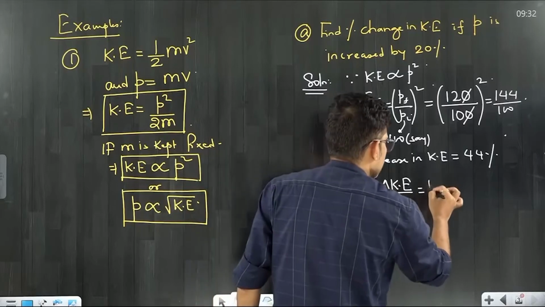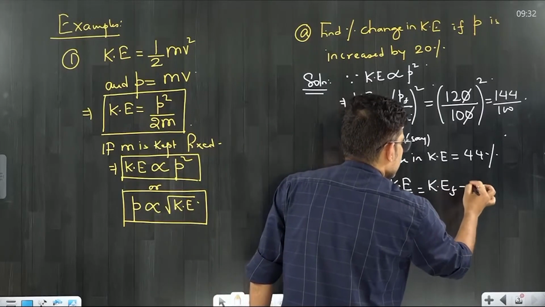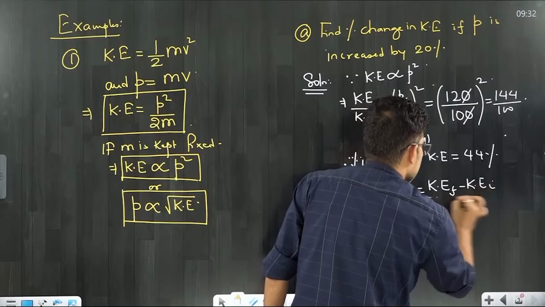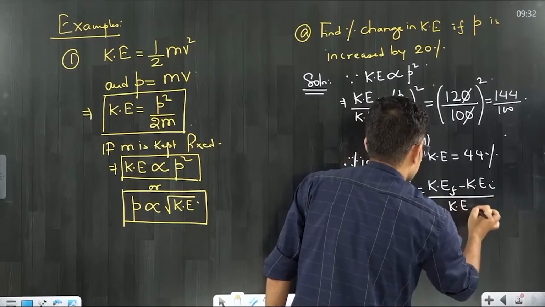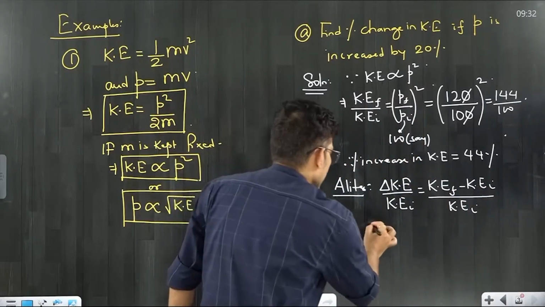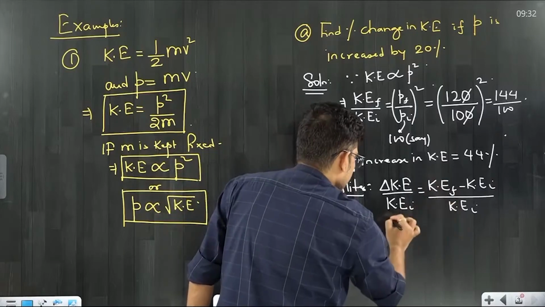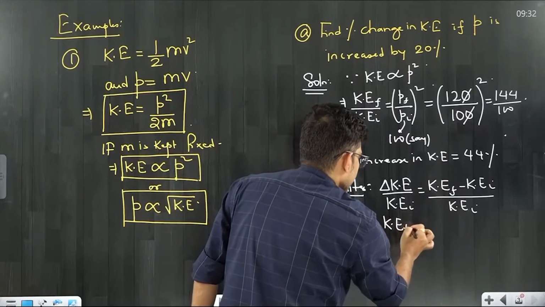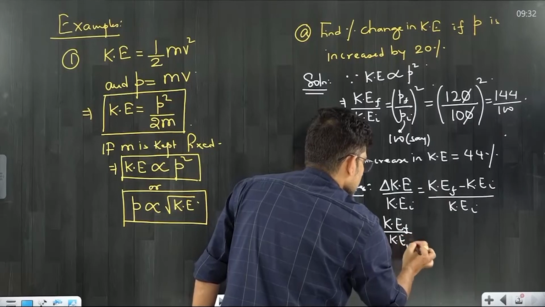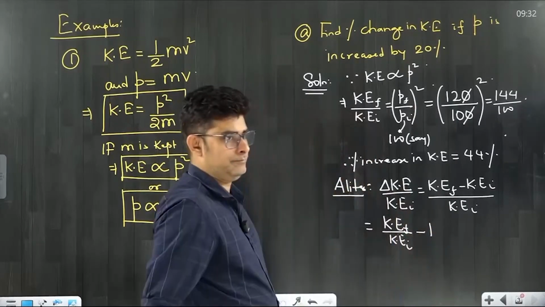Delta KE by KE initial means KE final minus KE initial by KE initial. Now if I divide, it becomes KE final by KE initial minus 1.